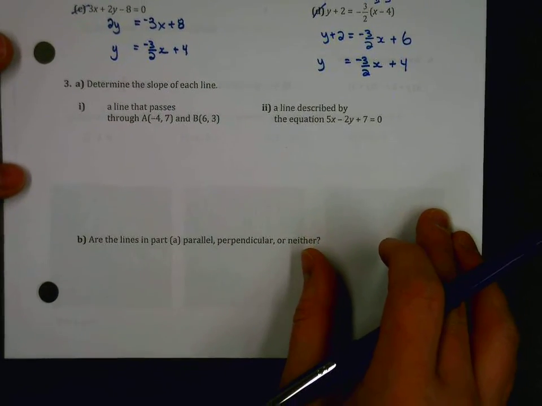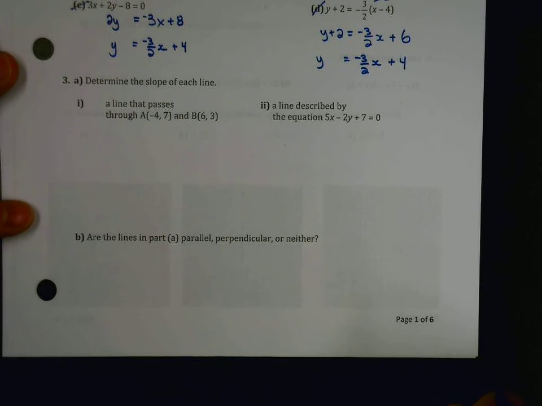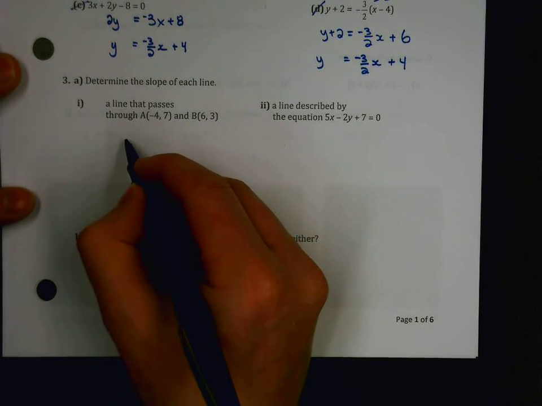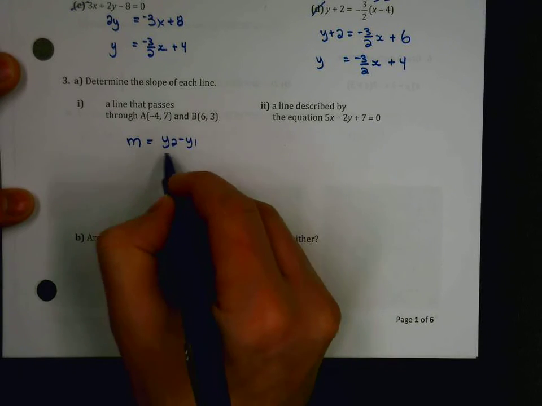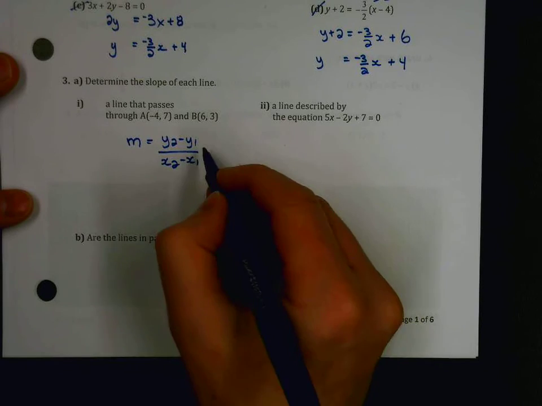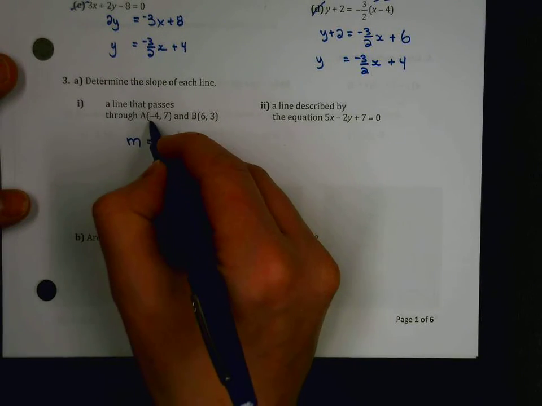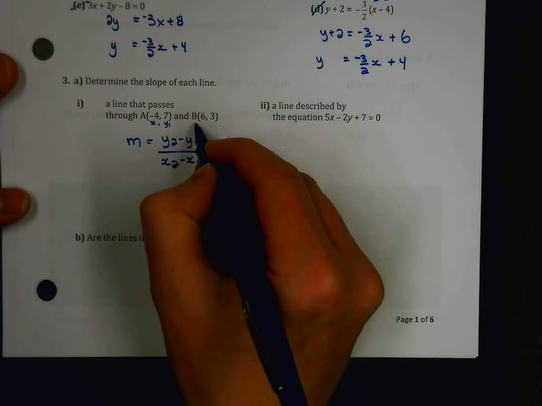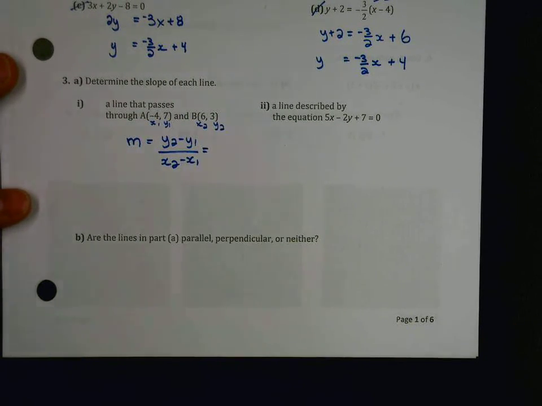For part 3, it's asking for the slope of each line, and they're intentionally given in different styles of questions. In the first part, the slope between 2 points is a division of y2 minus y1 over x2 minus x1. Many students do find that it's helpful to label an x1 and a y1 and an x2 and a y2 to identify them going into the formula.